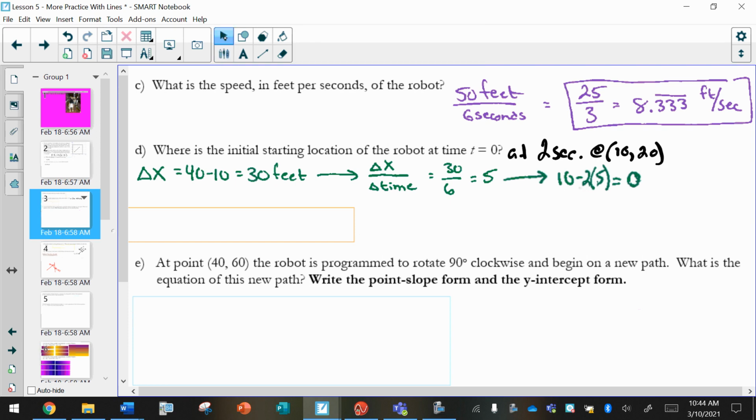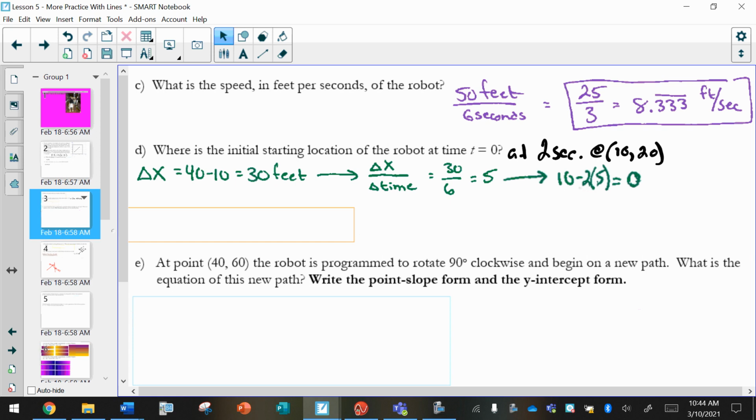So what we need to do is subtract out 2 seconds worth of horizontal distance. If it moves 5 feet horizontally for every 1 second, then I'm going to subtract out 2 seconds worth of distance. That gives me its original starting position for my x coordinate as 0.